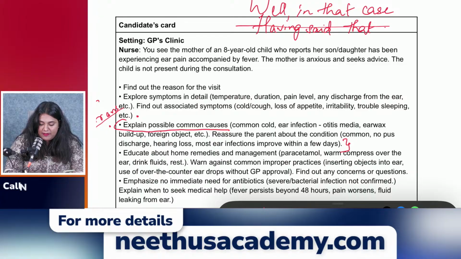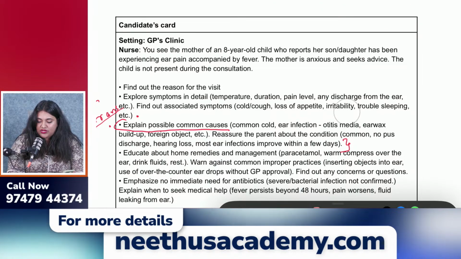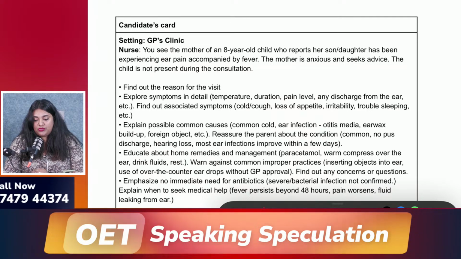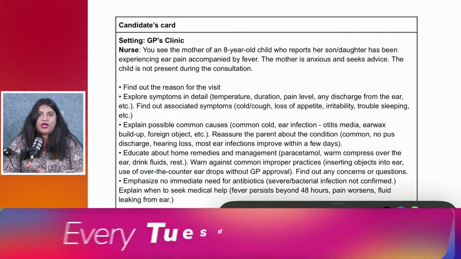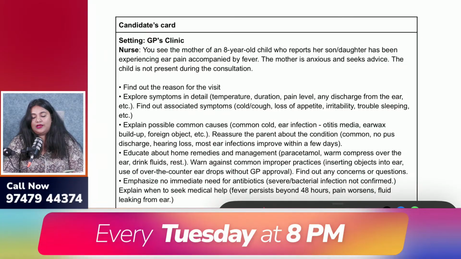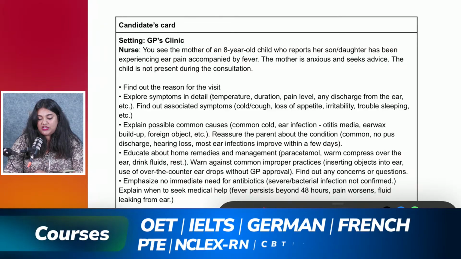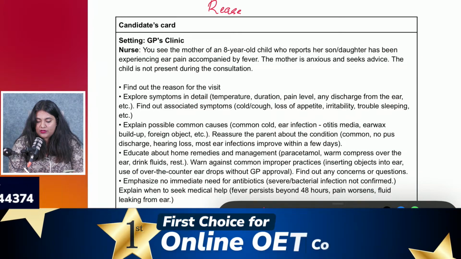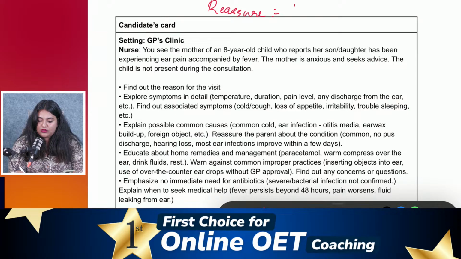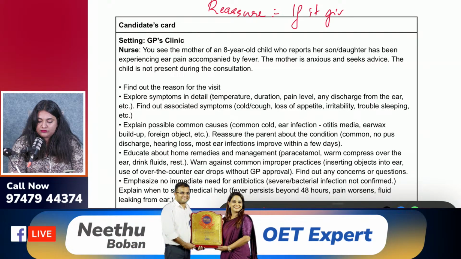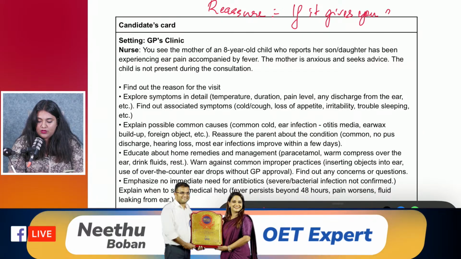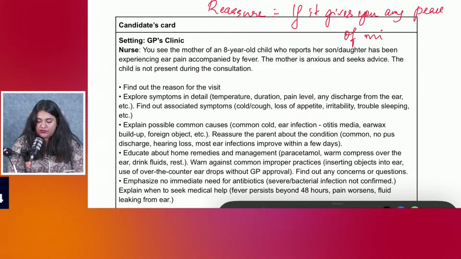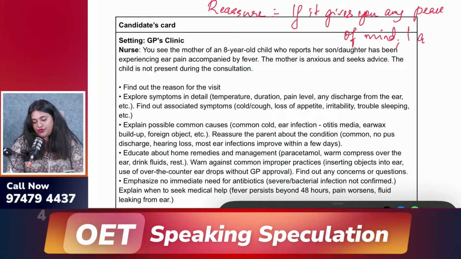But always remember this point whenever there is reassurance. I'm not saying it is a must, but if you want to show that you have good proficiency and you can speak very naturally, and you have something in stock like vocabulary, expressions and idiomatic speech, you can add this point. Whenever it is reassurance, just add this: if it gives you any peace of mind, I assure you that.